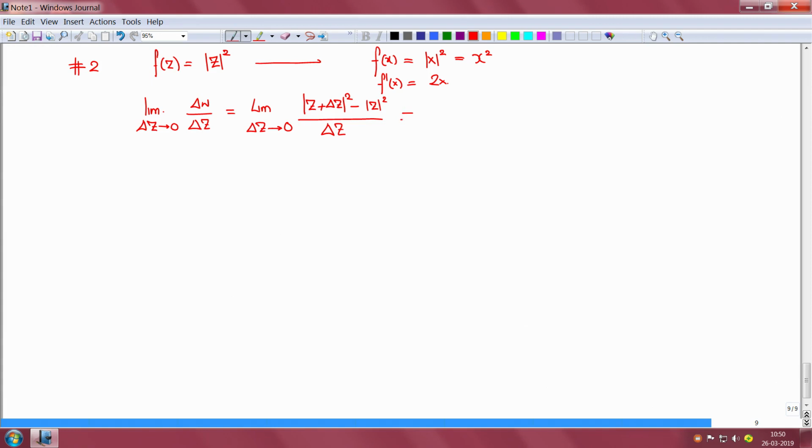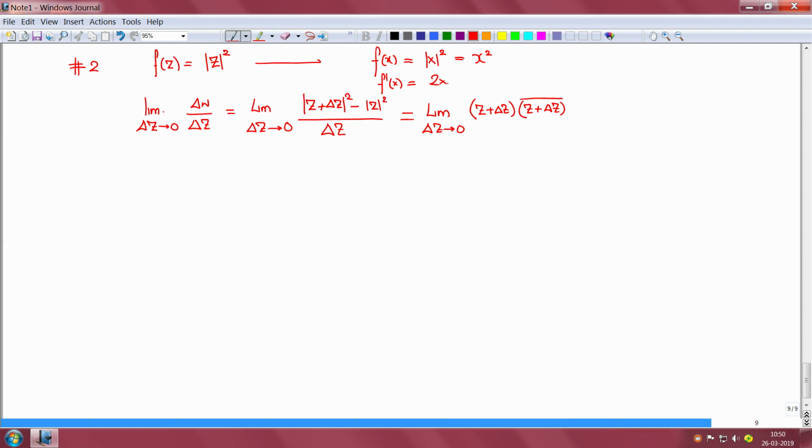So, we will open this out: limit delta z tending to 0 of z plus delta z times z plus delta z conjugate, which I show as a bar.